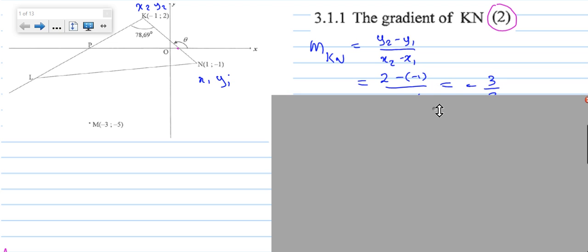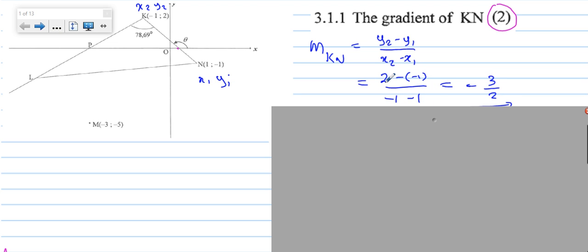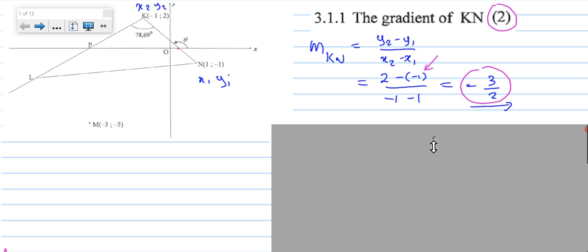Go slowly, substitute correctly. 2 minus -1. Be careful when you have a negative, use a bracket. Over 1 minus 1, and you'll get the answer -3/2. Use a calculator, please. Type it out exactly. Let's not lose these 2 marks. That's almost 1%.